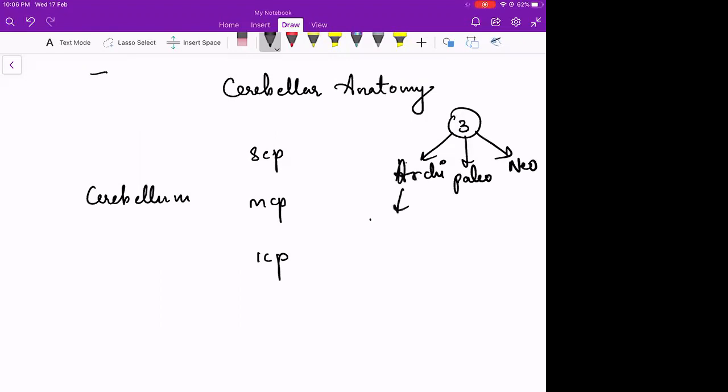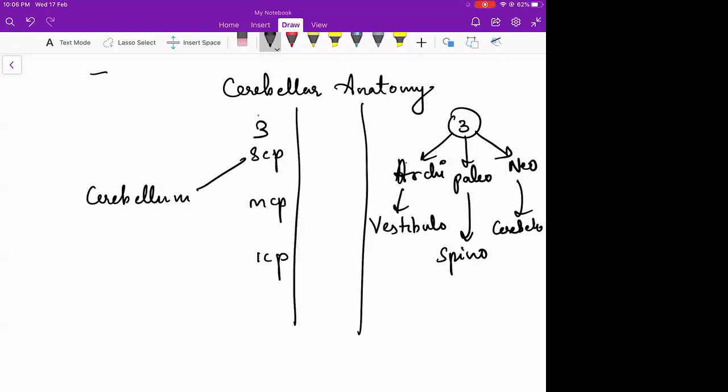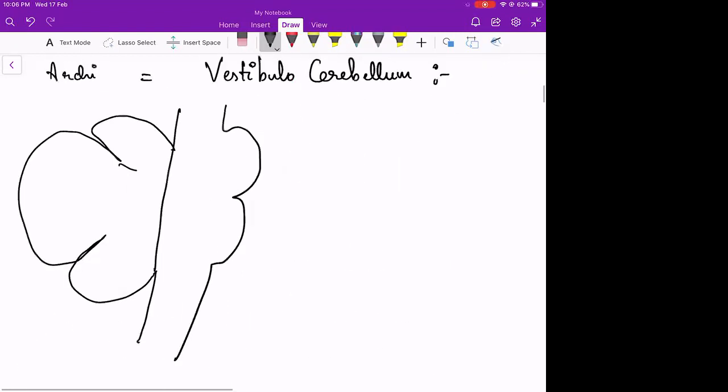Archicerebellum is the vestibulocerebellum, paleo is the spinocerebellum, and neo is the cerebrocerebellum. The cerebellum is connected to the brainstem by 3 peduncles: inferior to the medulla oblongata, middle to the pons, and superior to the midbrain.